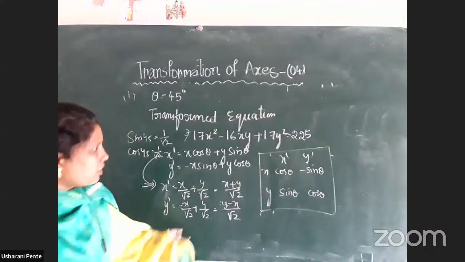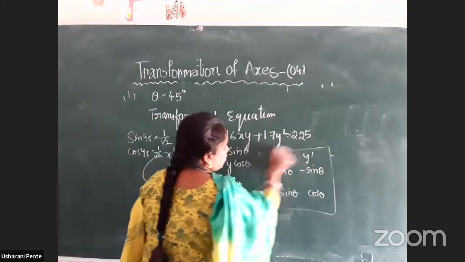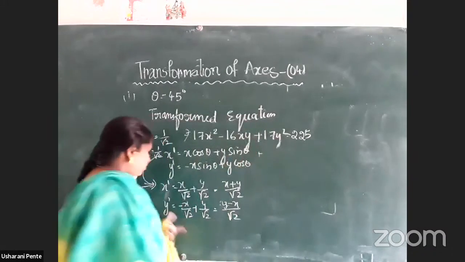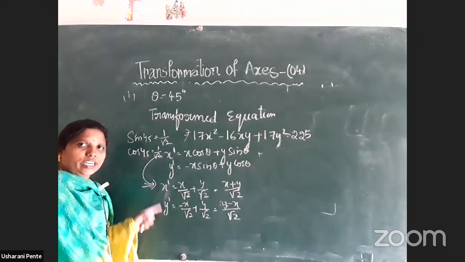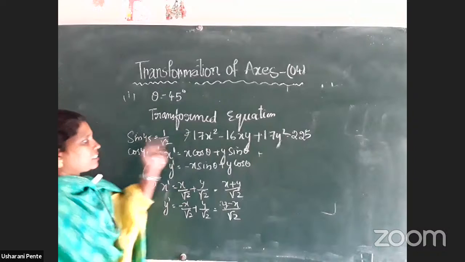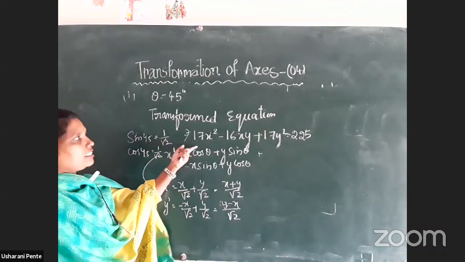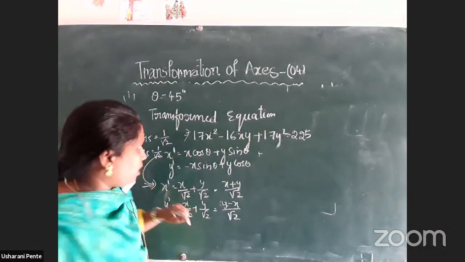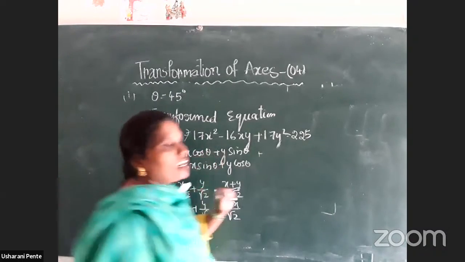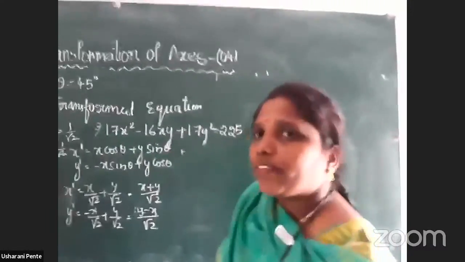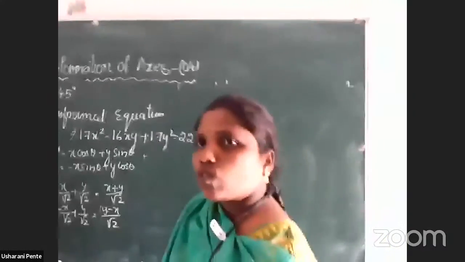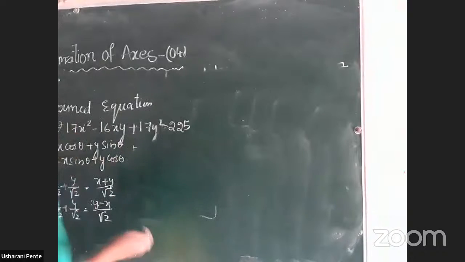Now we substitute x dash and y dash in the given transformed equation in place of x and y.